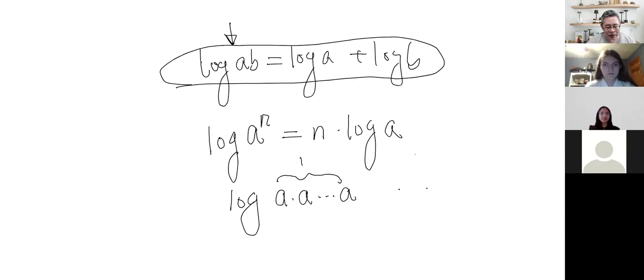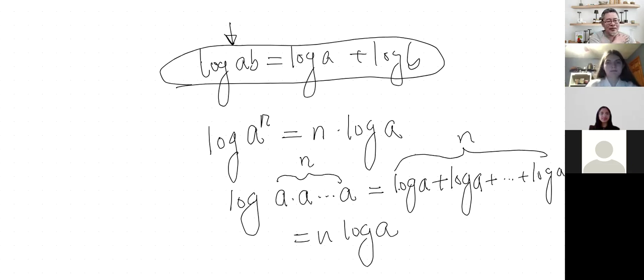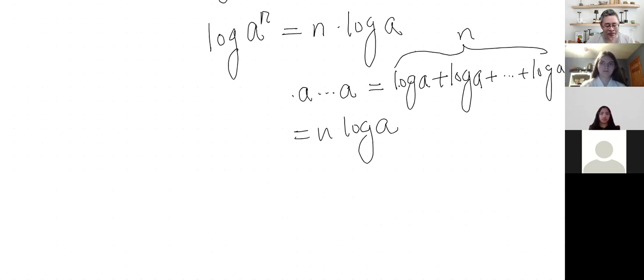And therefore we have log A plus log A plus log A, we have n of those. So therefore that is n times log A. Yep. Good. Okay. So we have the second rule. Then we can look at the third one.